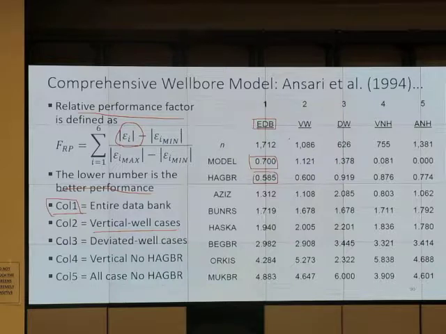Vertical well case, VW, Hasan and Kabir is a little bit better. DW, deviated well case, Hasan and Kabir is a little bit better. Vertical near horizontal, vertical, no Hasan and Kabir. Column 4, vertical, no Hasan and Kabir, this model is better.